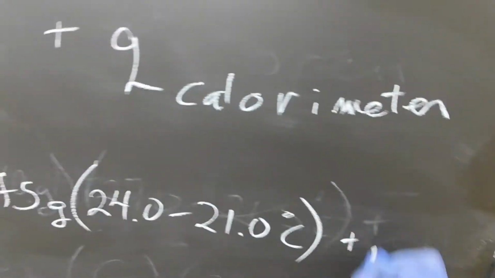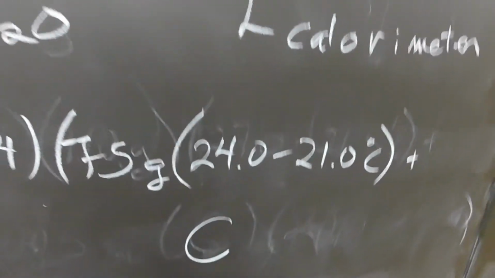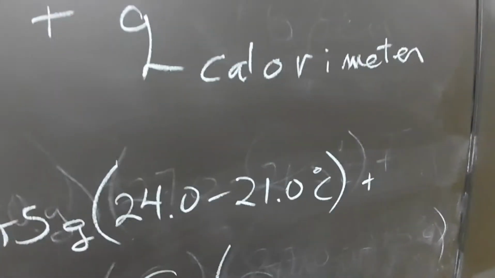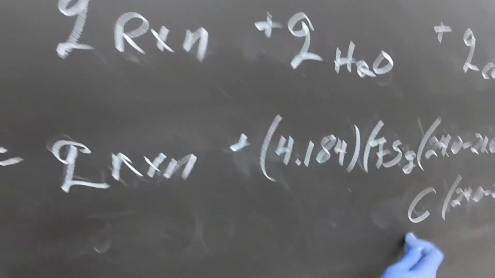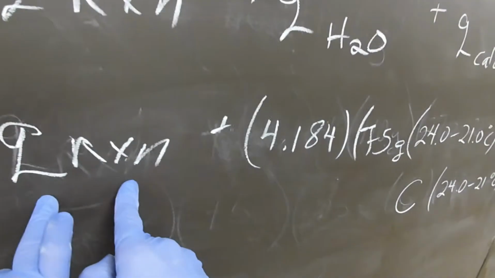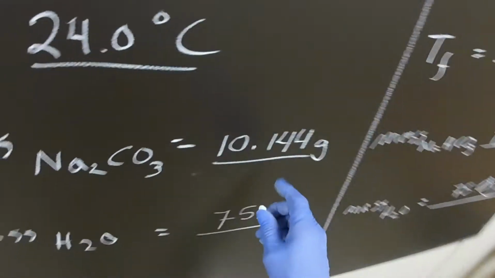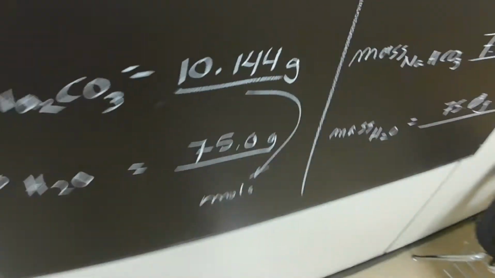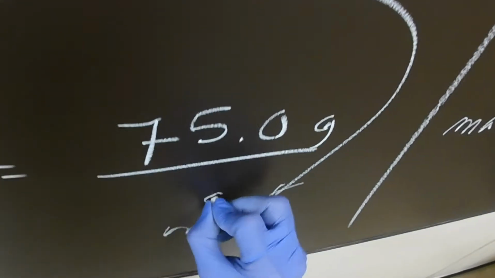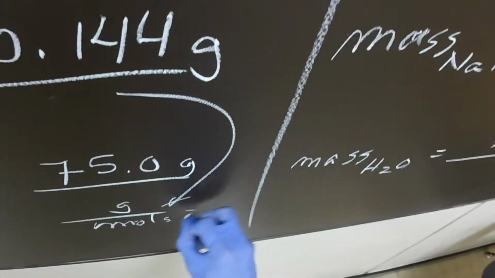There. And then you have the calorimeter, big C, that you have to plug in because you determined it earlier, times the same temperature change. Okay? Then once you get that value in there and solve for this unknown, you get a heat value. And you need the number of moles of this, convert that to moles. All right? And then you have the heat, and you get a value there that you can compare to the unknown.